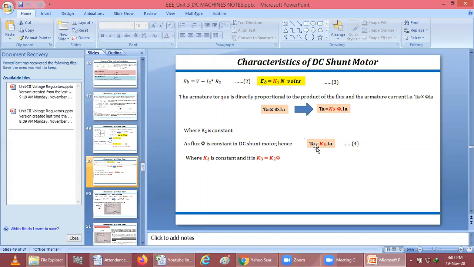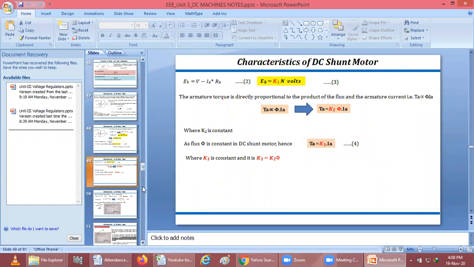It depends on you how you assign it; you can take K3, K2, or only K. So torque is directly proportional to the product of flux and armature current. If you draw the graph, torque will be directly proportional to the armature current.